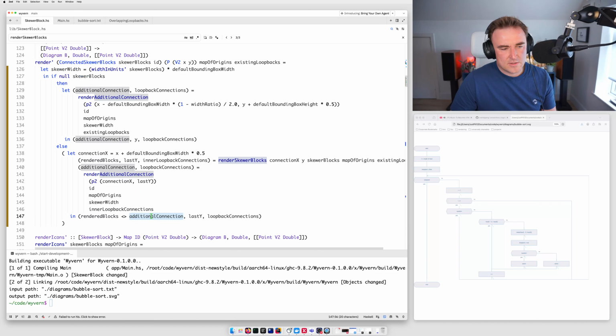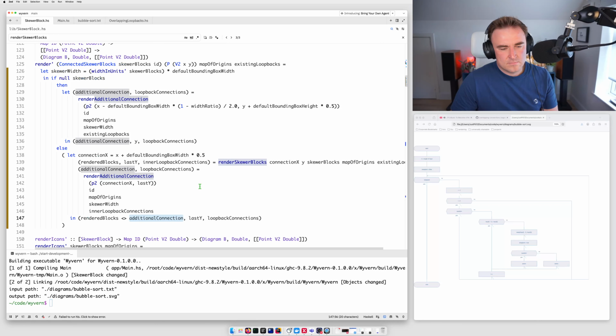This additional connection. So again, this is not it.